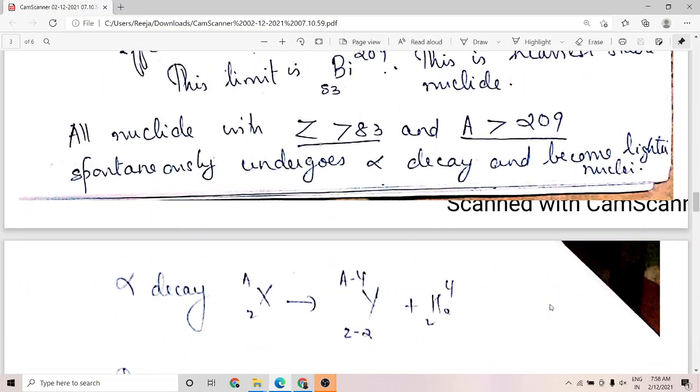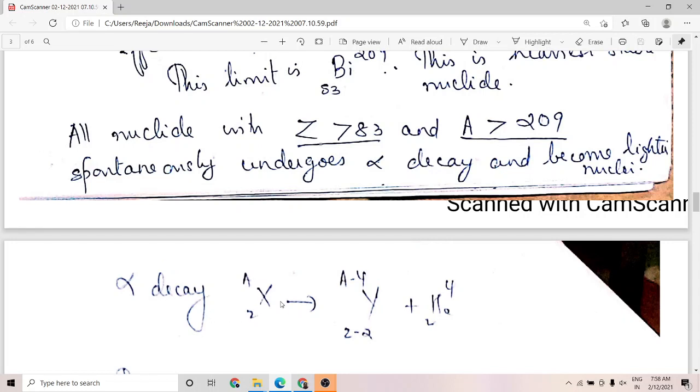Here I am giving you an example of alpha decay, how the alpha decay takes place, which we will be dealing with in detail in our later chapters. So I just told here that nuclides with a number of protons greater than 83 and total number of nucleons greater than 209 will undergo alpha decay and become lighter. Okay, so how does alpha decay take place?